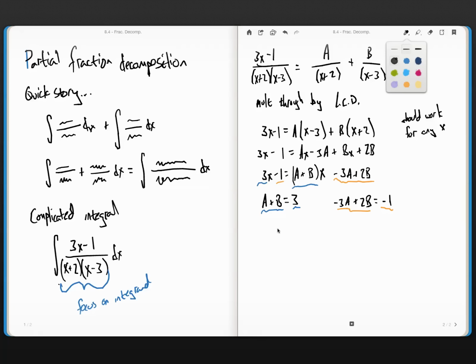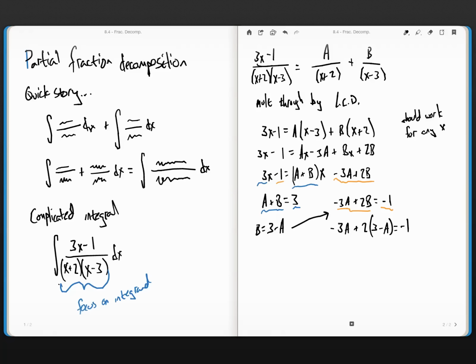Well, what I can do now is solve for b. b equals 3 minus a, and then I'll stick this in over here, and so I get negative 3a plus 2 times 3 minus a equals negative 1.